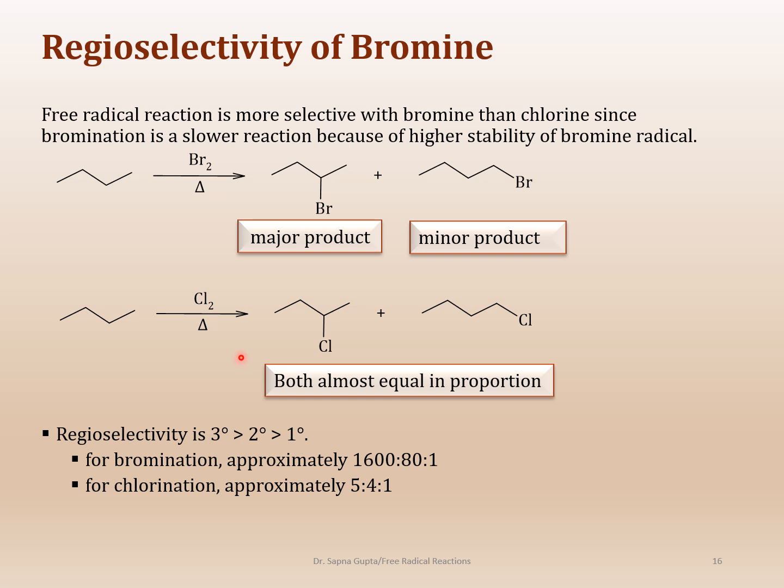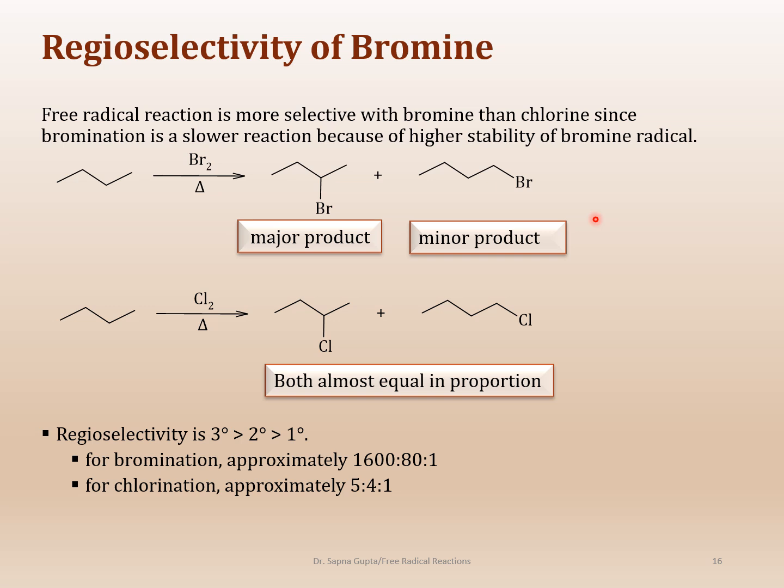Now you can go back to the energetics slide if you want to. I remember I said fluorine is highly exothermic, a very high reaction, very hard to control. Chlorine was the next one, and then bromine, you can see, requires very little energy. So bromine is a slow radical to form, and because it's a slow radical to form, it will also react slowly.